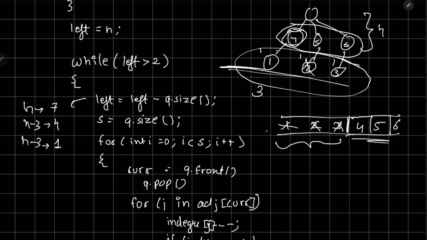Now it will go and actually remove these elements one by one and decrement the degree of their neighbor. They have only one neighbor now, so if we see, its degree would be 3, then when this is removed, its degree will become 2. When this is removed, its degree will become 1, and when its degree becomes 1, we push it into the queue.